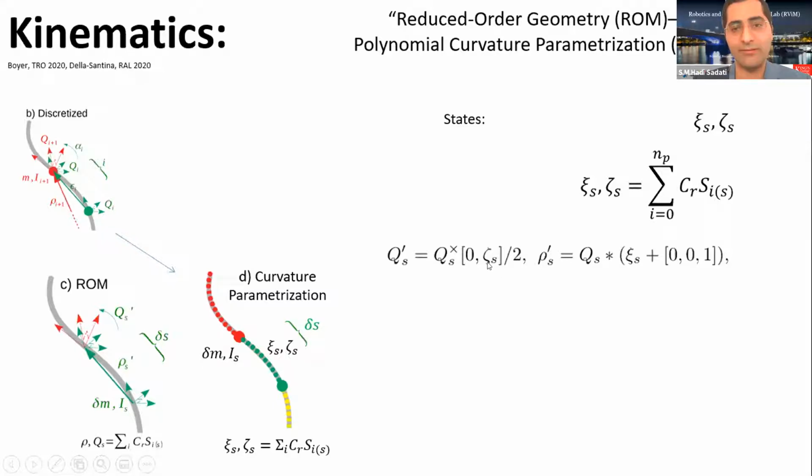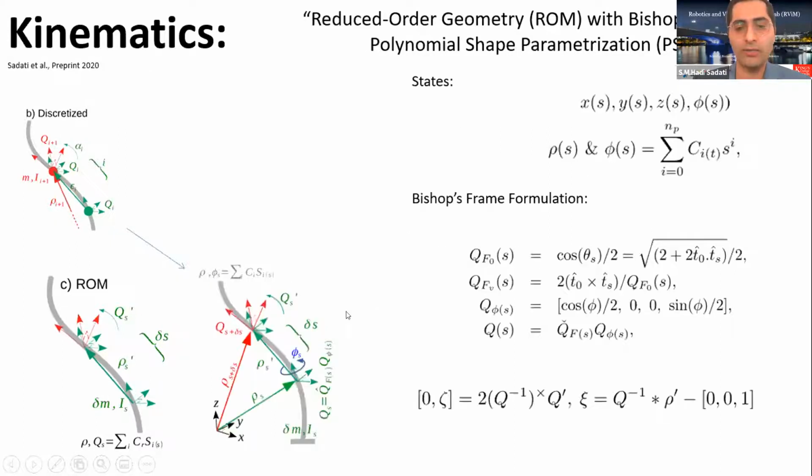We now have the curvatures and strains, and we need to calculate the absolute orientation and position based on that. You see that an extra integration step is needed to get from curvature to the absolute positions, while in the shape parameterization, a differentiation is in place.